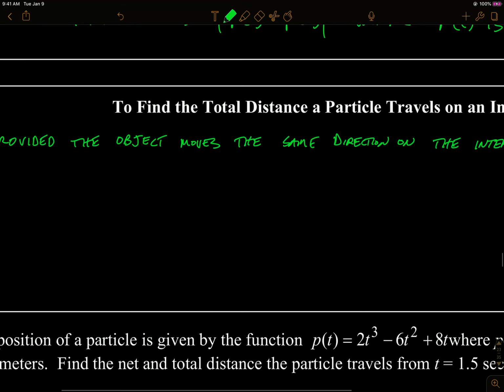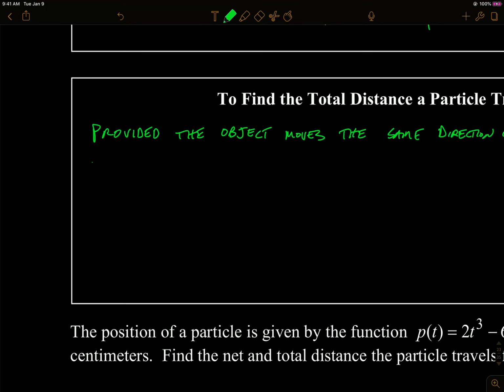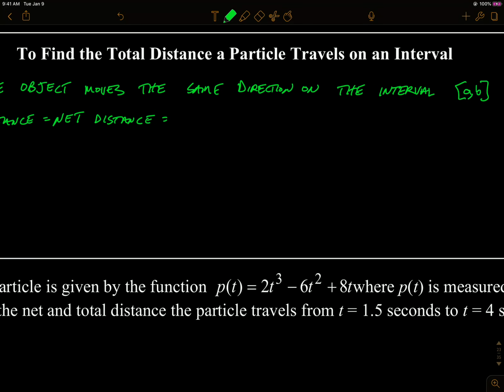So the total distance will be that same formula: the position where it starts minus the position where it ends up, and the absolute value of that.